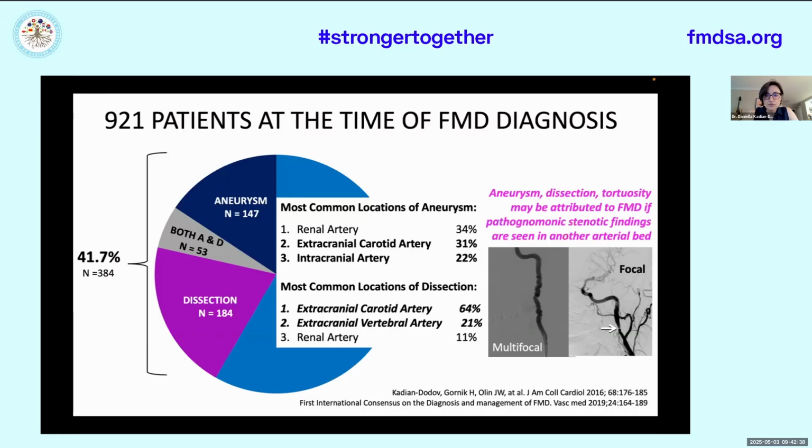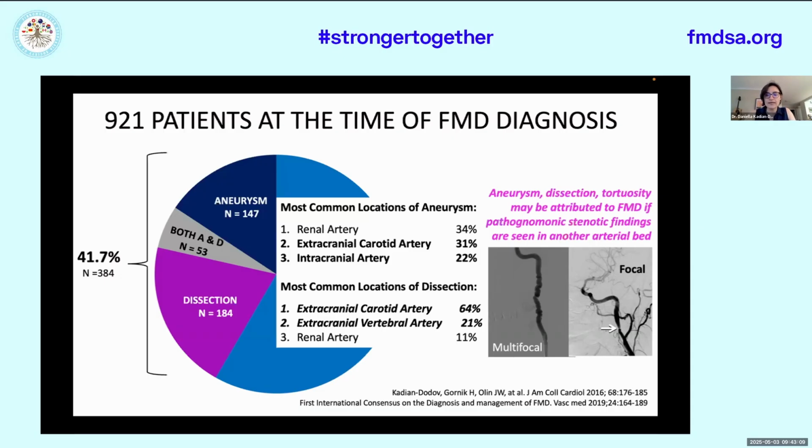If we look at the most common locations of aneurysm and dissection, it really mirrors what we see for FMD. We find most of these complications in the carotid arteries and the renal arteries or vertebral arteries. I've broken down here for you the rates of those aneurysms and dissections for those patients. It really is because of this finding that we recommend getting full body imaging for patients with FMD.